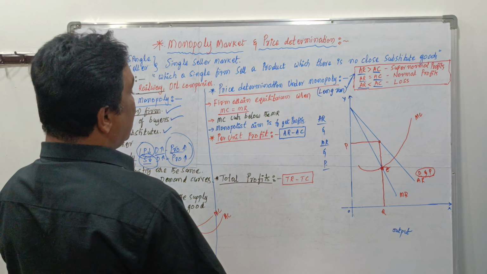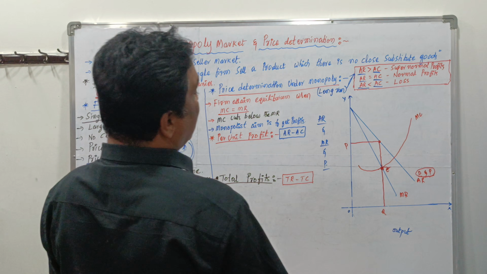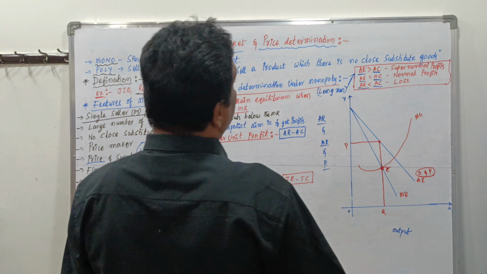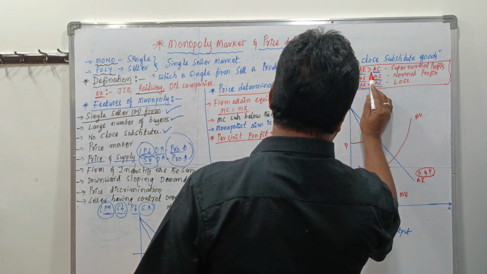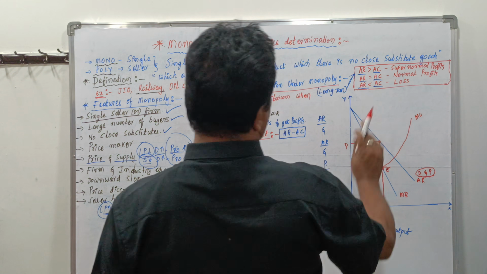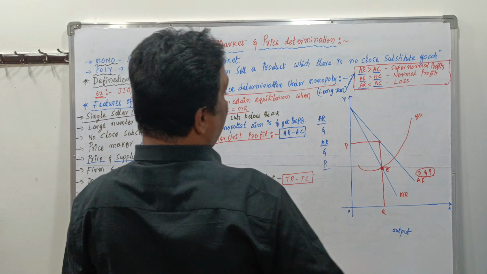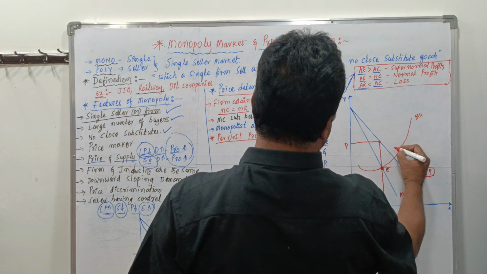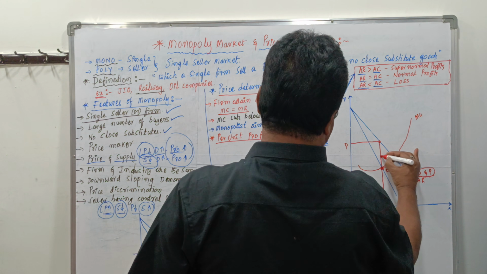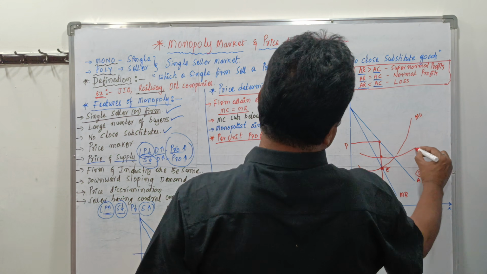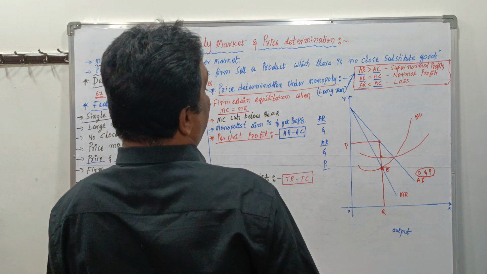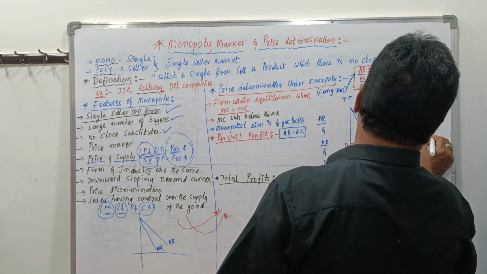And then another condition, here the average cost curve. So here I show one condition, AR is less than the average cost. For example, there is another point. This is the average cost.